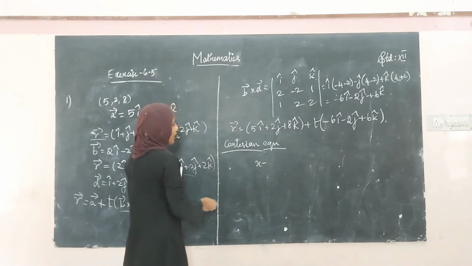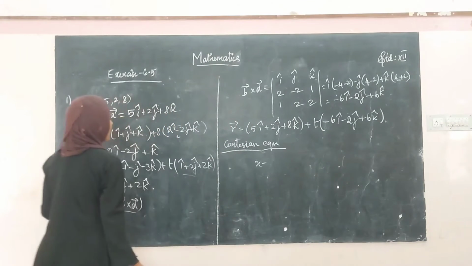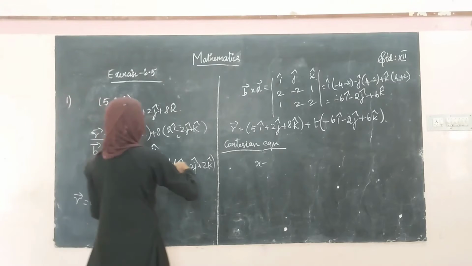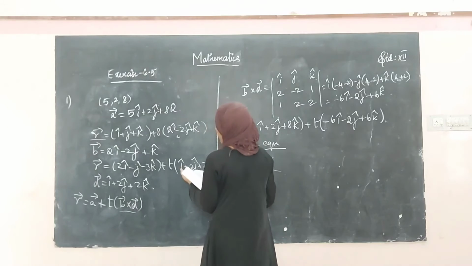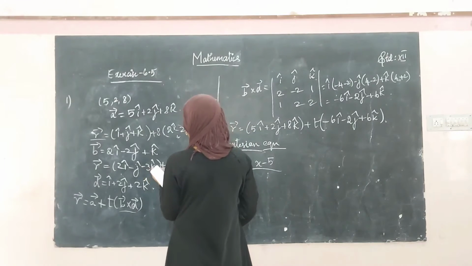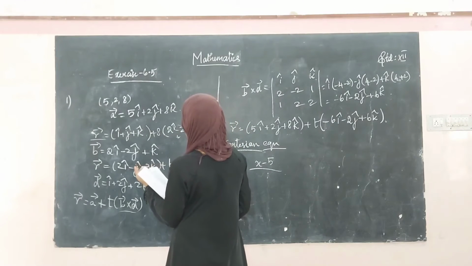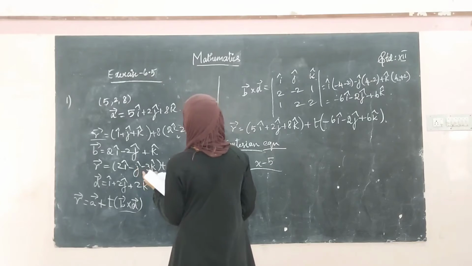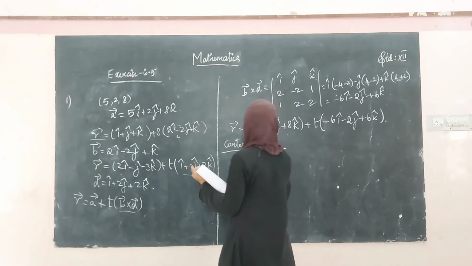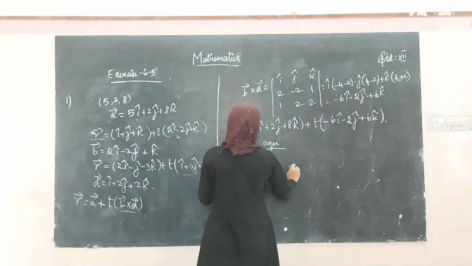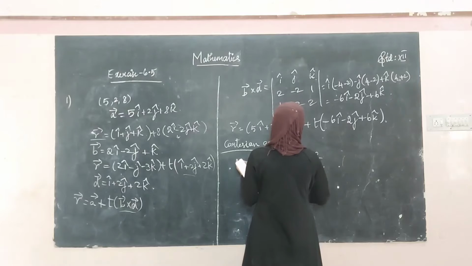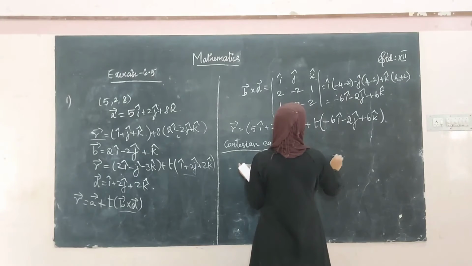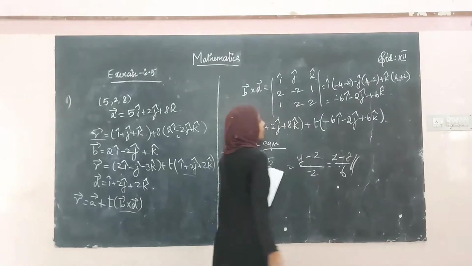So, now write it as, what is the Cartesian equation? x minus a1, which is 5: (x minus 5) divided by minus 6, equal to (y minus a2, which is 2) divided by minus 2, equal to (z minus 8) divided by 6.